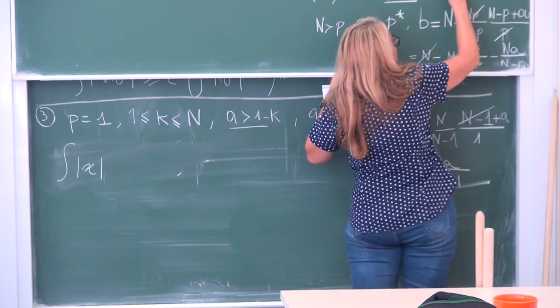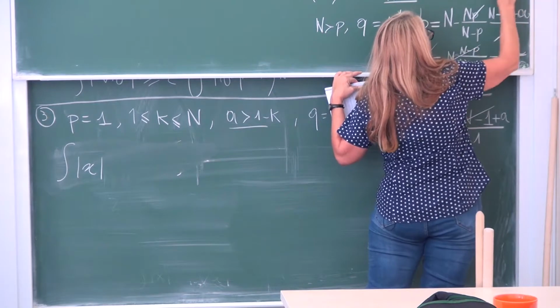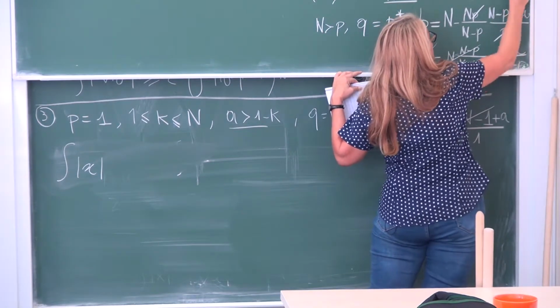So B, whatever n is, whatever A is, is this one in the critical case.